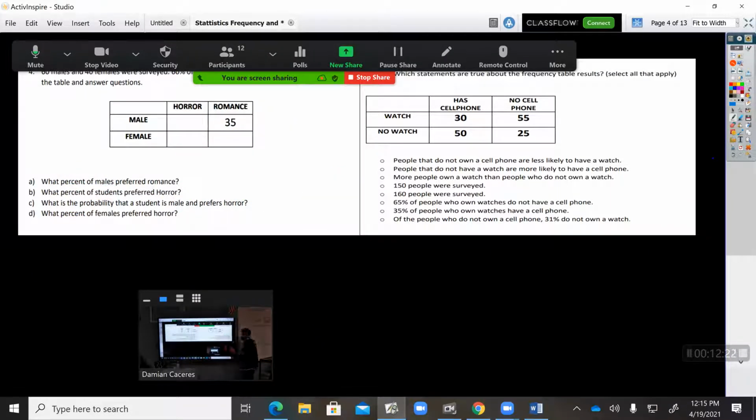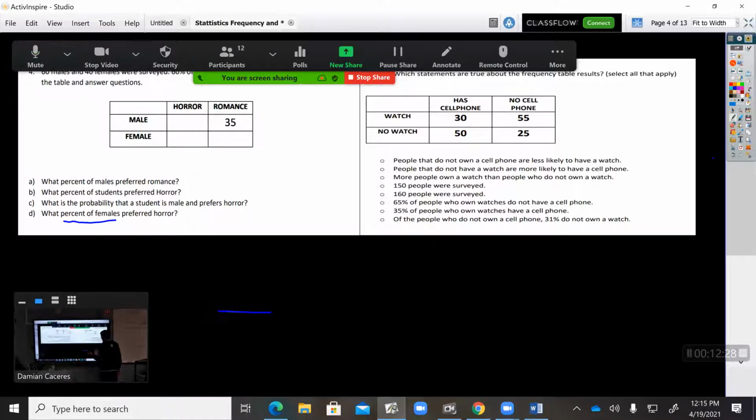And now, question D. For question D, it says, what percent of females? What's my total going to be? 40. 40 is my total because the females is the only spot I'm looking at. Now, preferred horror. So you go to females, you go to preferred horror, and it was 15.